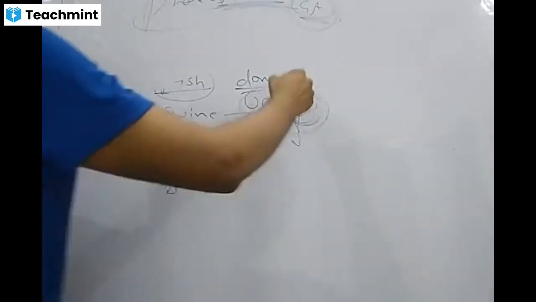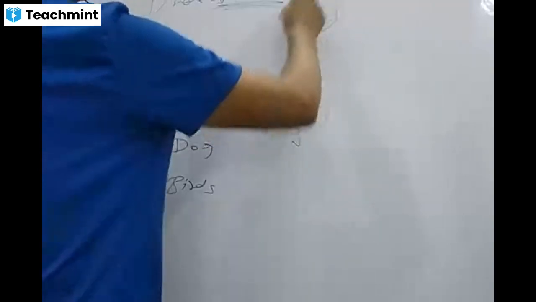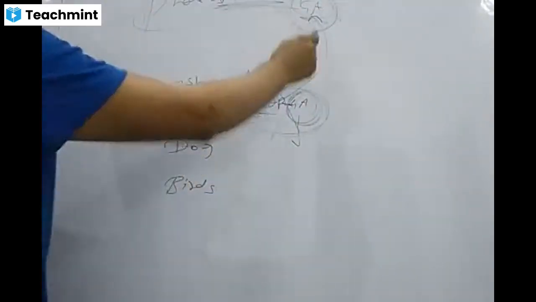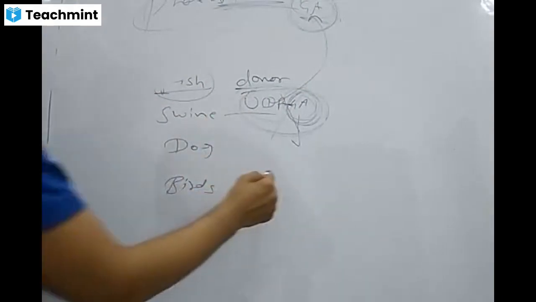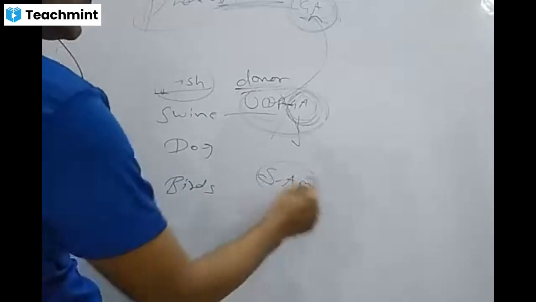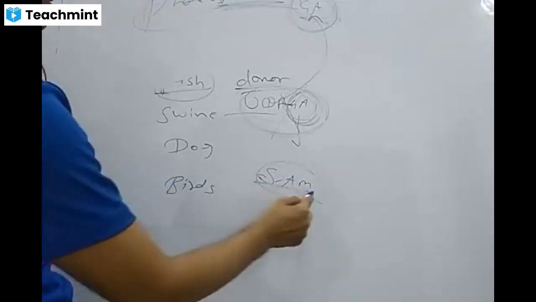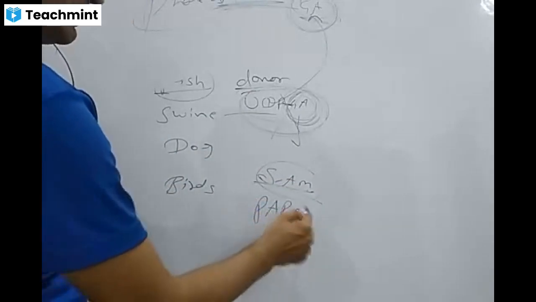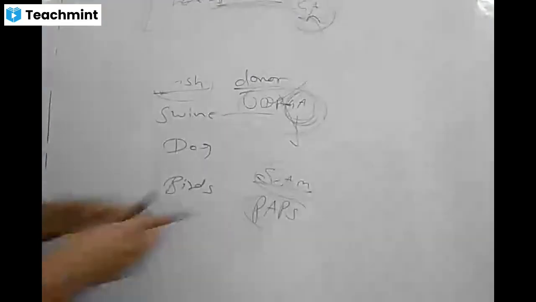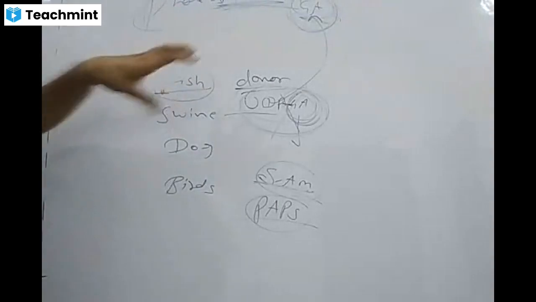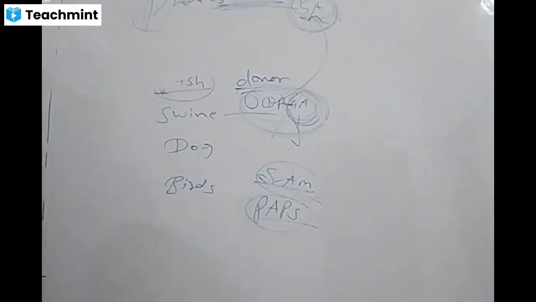If this source is not there, then GA will not be there. So to transfer this GA molecule to the phase 1 metabolite, we need a donor. Similarly, in case of methylation, the donor is SAM. For other reactions, we have PAPS. So these are the donors. They will donate the molecule and conjugate it with the phase 1 metabolite to make it more water soluble, so that it can easily be excreted out of the body.